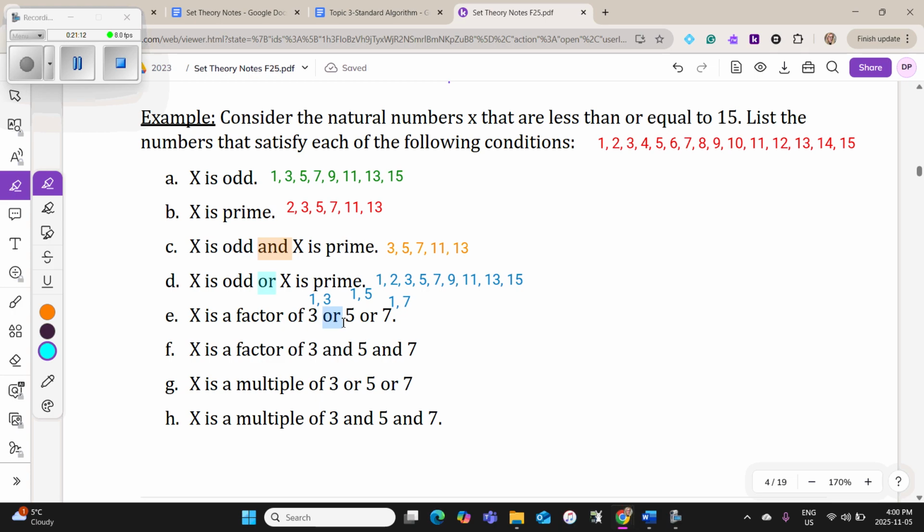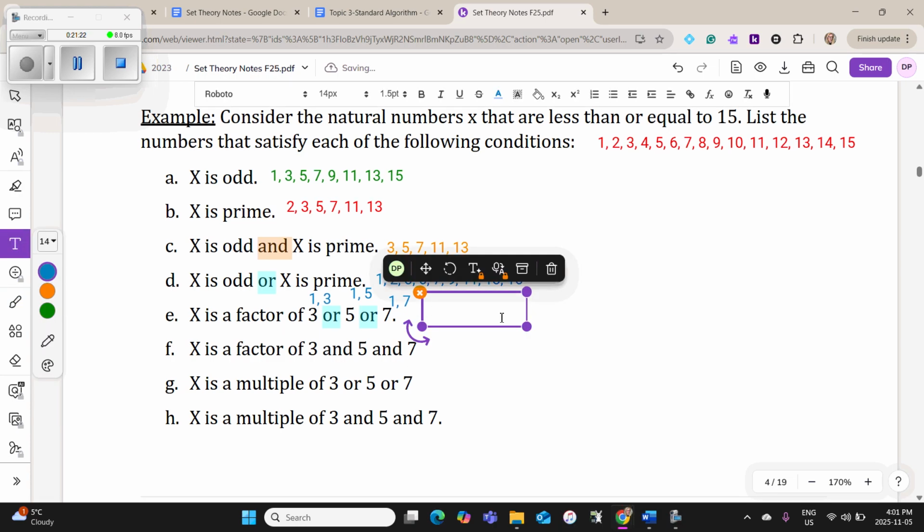3 or 5 or 7, then when we go to make our list, we're going to combine all of those. We don't have to put 1 down more than once, just one time for 1. Then 3, 5, and 7.